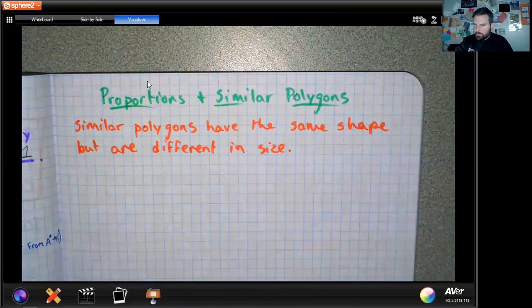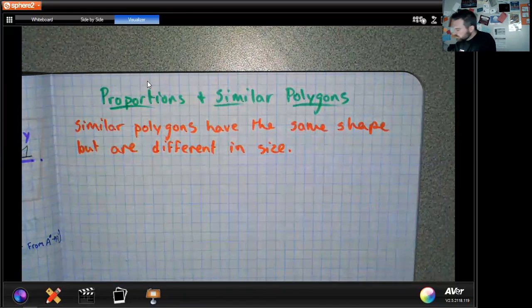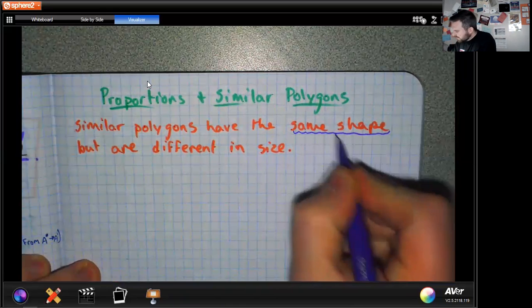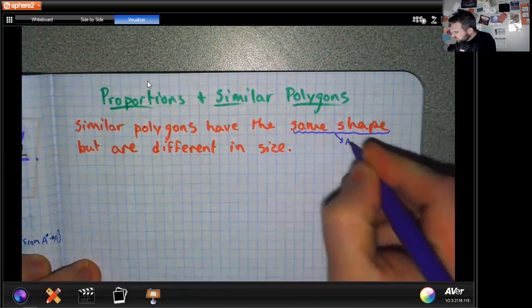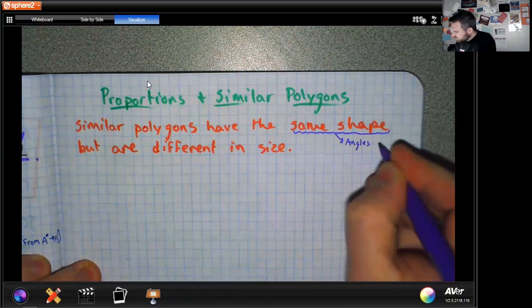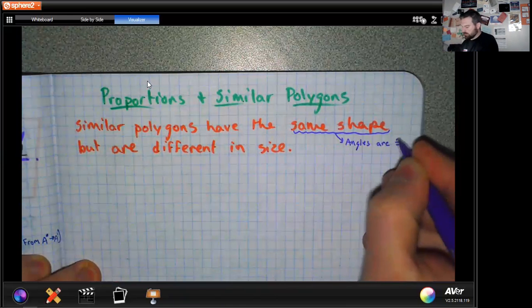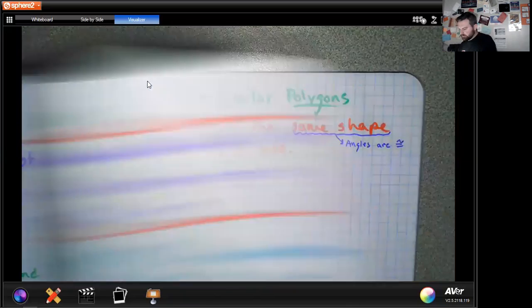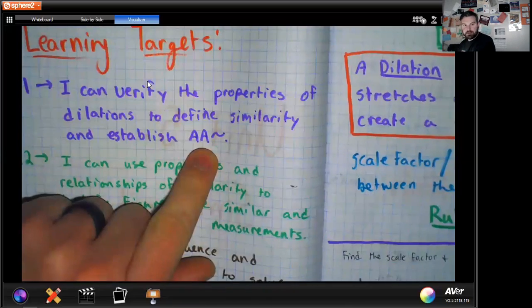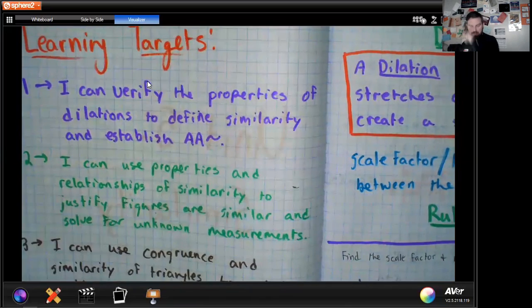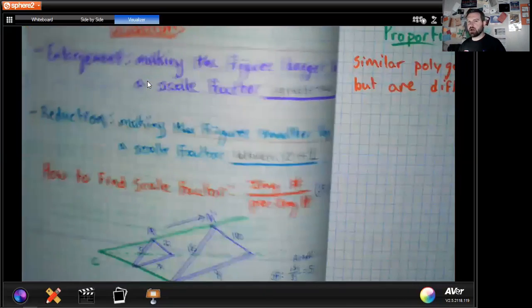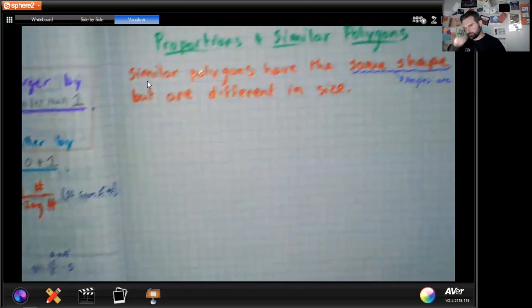Okay, when they have the same shape, this means that the angles are congruent. Okay, and on our learning targets here, this angle similarity, that means if two angles are congruent, then the two shapes are automatically similar.